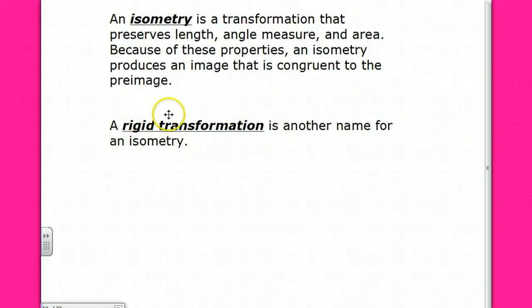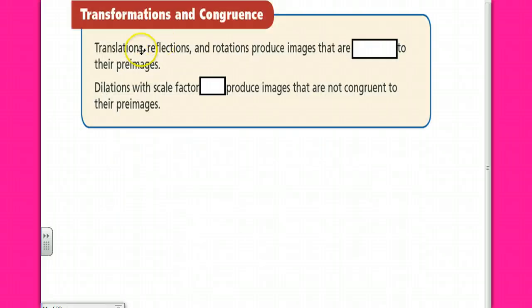Moving something rigidly means keeping its congruent size and shape, just simply moving it around somewhere else on the coordinate plane. So translations, reflections, and rotations, as I just said, these types of transformations produce images that are congruent to their pre-images.